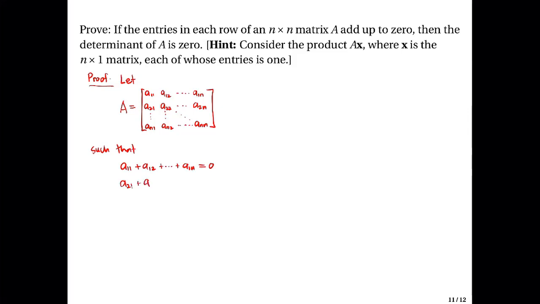A21 plus A22 plus until A2n, this is also equal to 0, until you have An1 plus An2 plus until Ann, this is equal to 0. This is the assumption.